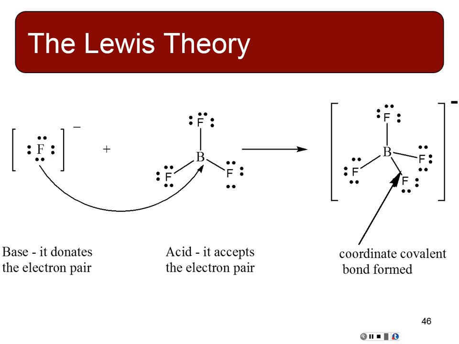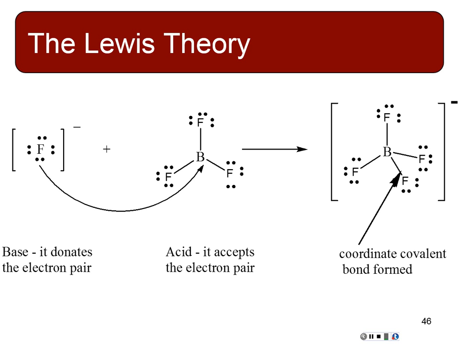When we donate that fluoride, we make a new bond, and we fill our empty p orbital. This time nothing breaks off. We don't have a hydrogen with too many electrons, because boron is stable like this as well, since it has 8 electrons around it, which is fine.